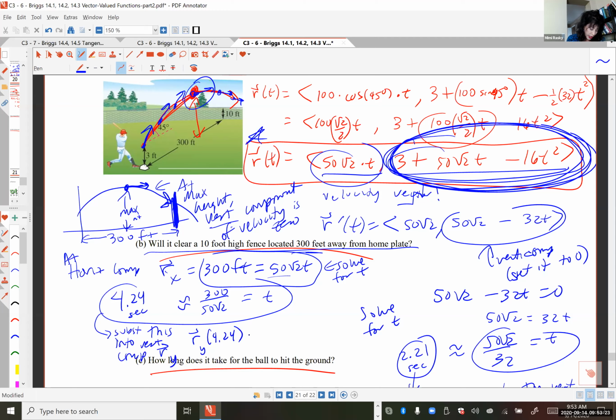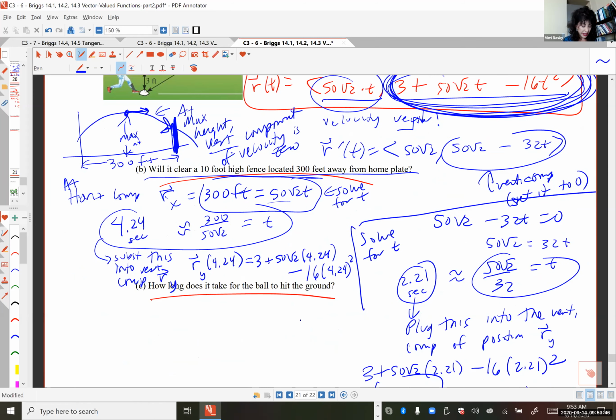You're going to go, okay, what's 3 plus 50 square root of 2 times this time, which is 4.24 seconds, minus 16 times time squared, so that's 4.24 squared, and that's going to be some nasty number here. And I get the vertical component is roughly, rounding to the nearest foot, 15 feet.